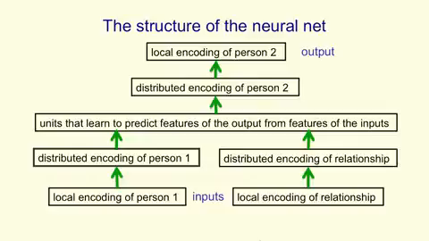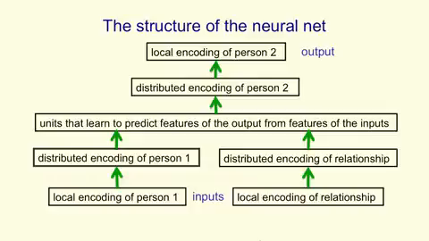So what we do is we encode the information in a neutral way. There are 24 possible people, so the block at the bottom of the diagram that says local encoding of person 1 has 24 neurons, and exactly one of those will be turned on for each training case. Similarly, there are 12 relationships, and exactly one of the relationship units will be turned on.